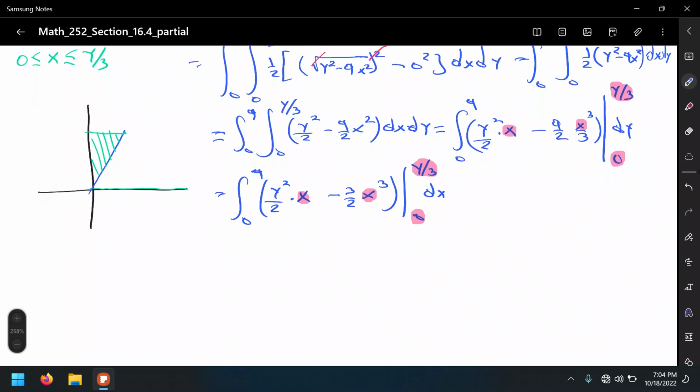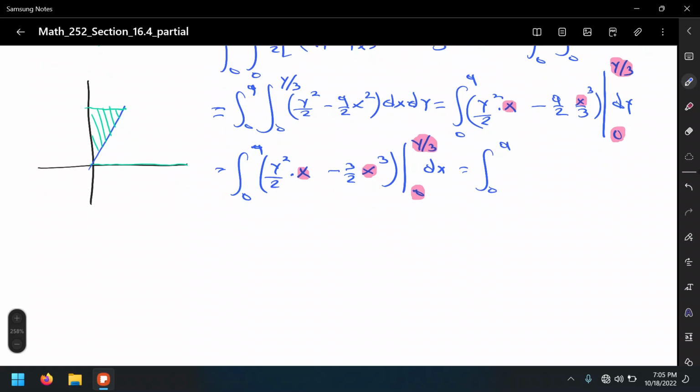And so that's going to be the integral from 0 to 9. So that's going to be y squared over 2 times the quantity y over 3, which is applying the fundamental theorem on the first term, and then minus 3 halves of the quantity y over 3 cubed.